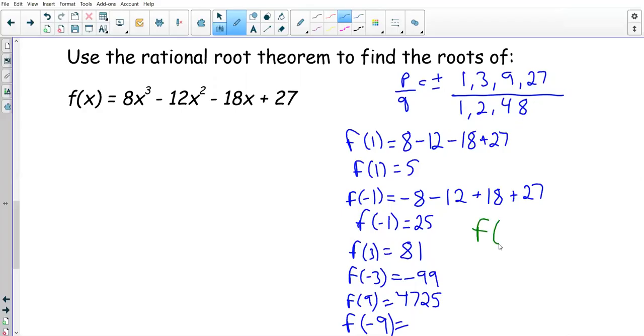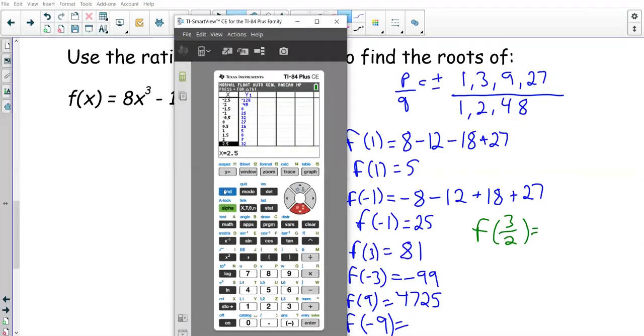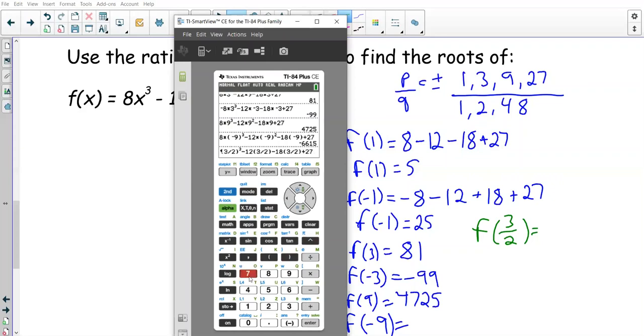So let's try f of 1.5, or f of 3 over 2. We'll do it as 3 over 2. Let's just do it in the calculator. We'll show that it works. So 8 times 3 over 2 cubed minus 12 times 3 over 2 minus 18 times 3 over 2 plus 27.